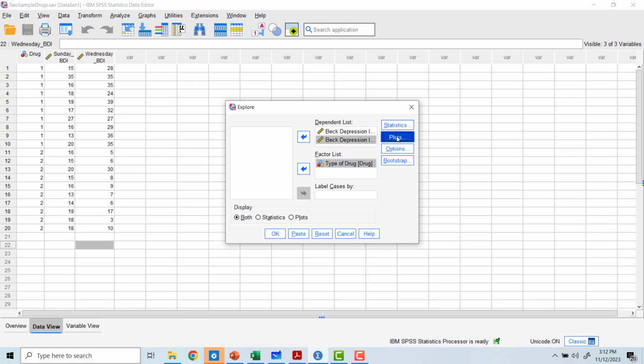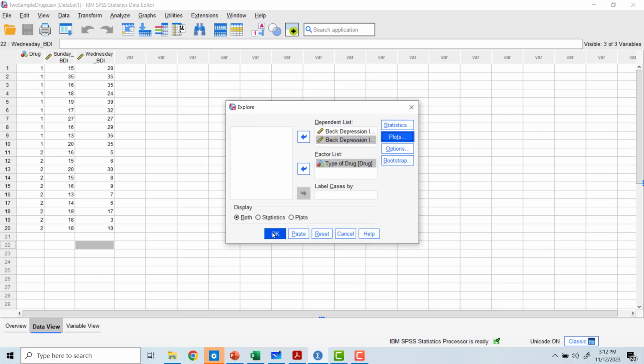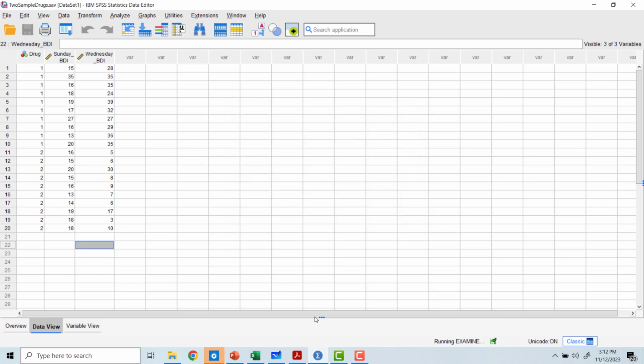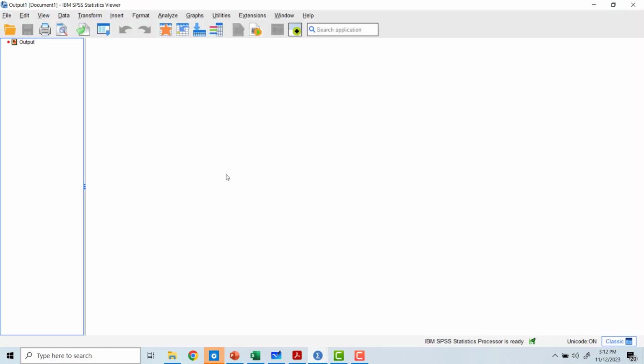We're just going to have the standard statistics, but we do want the normality plot. We don't want the stem and leaf. We're going to have the histogram. We want the normality plot with tests, and we want an untransformed Levene's test. Give it a second. Here we go.